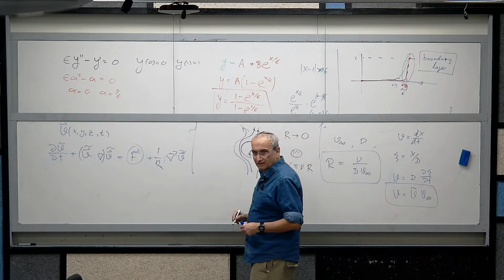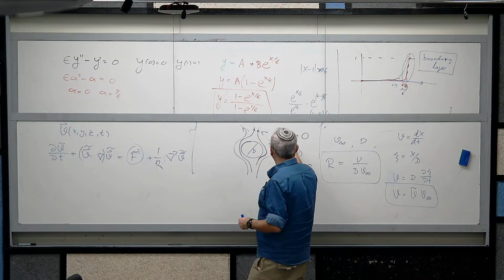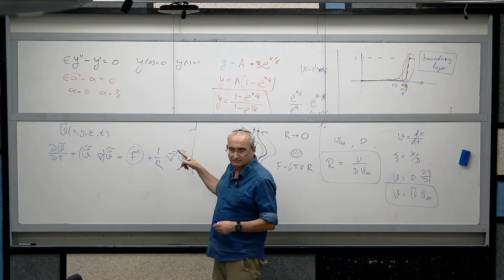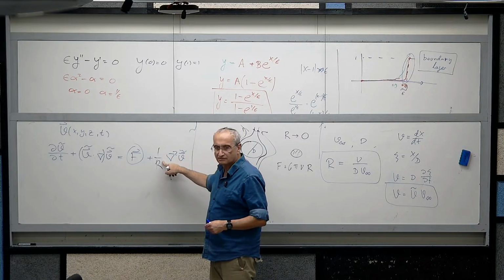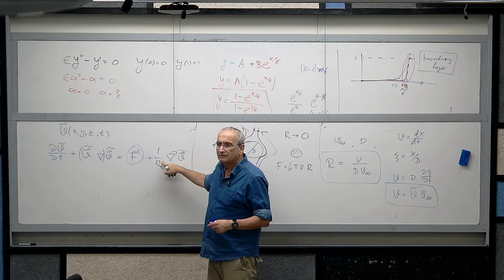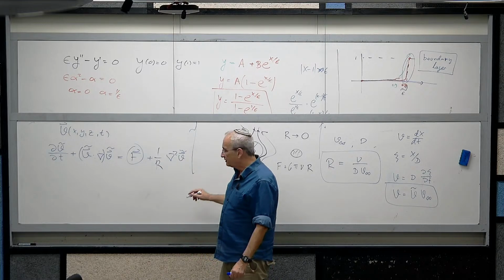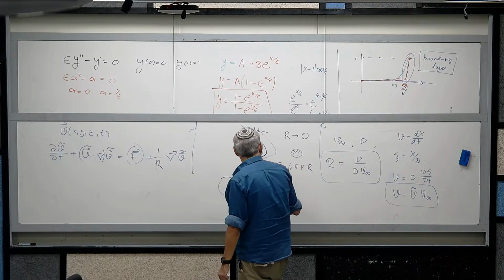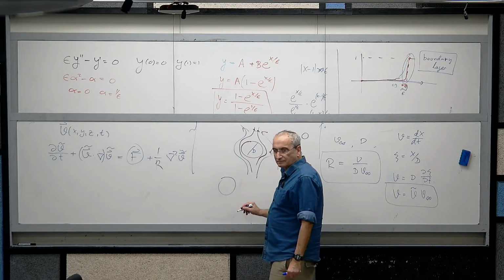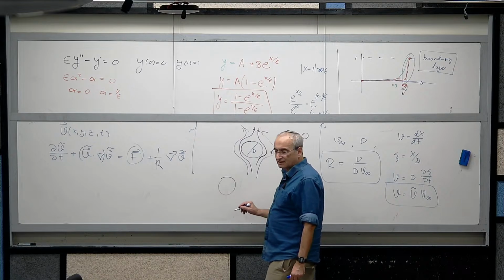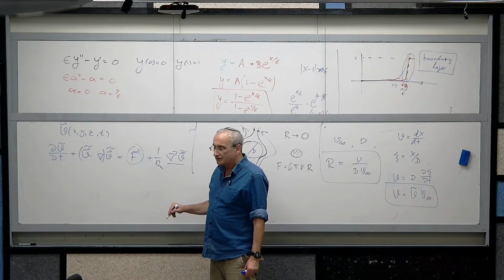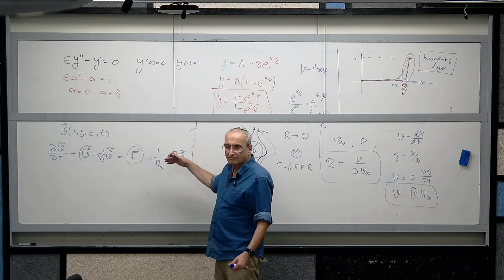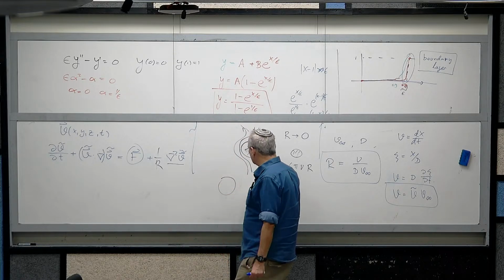Now, if you start increasing R, wait, if R is 0, this term diverges. Yes, exactly. So everything is controlled by this term. So the F is irrelevant? Yes, everything else is irrelevant, but that's the Stokes solution.